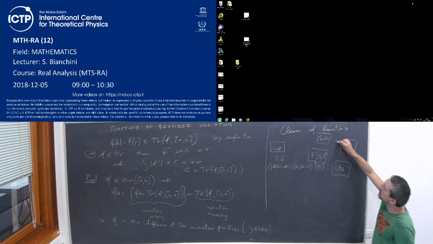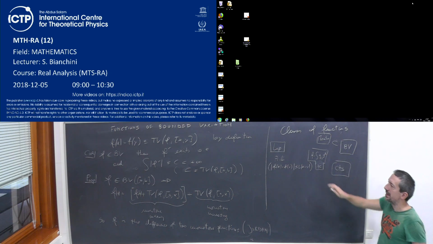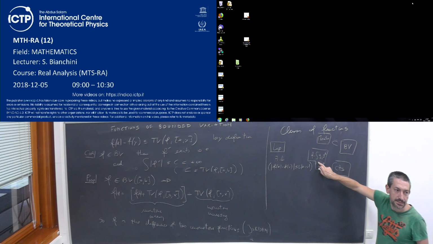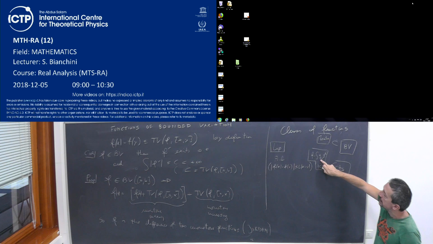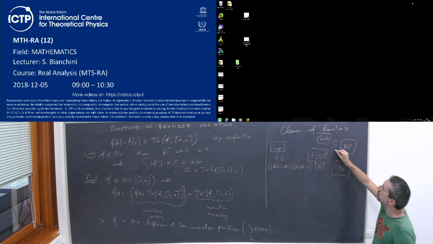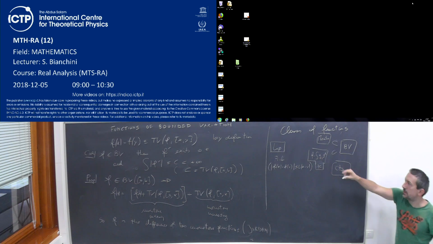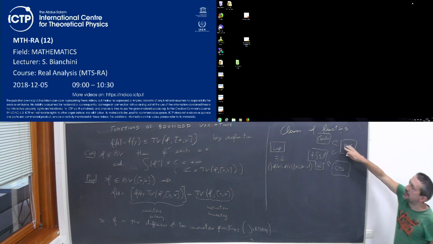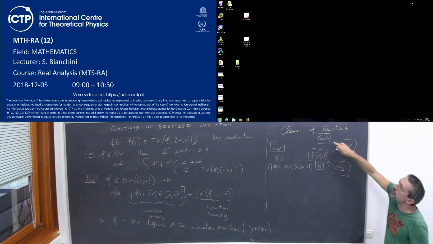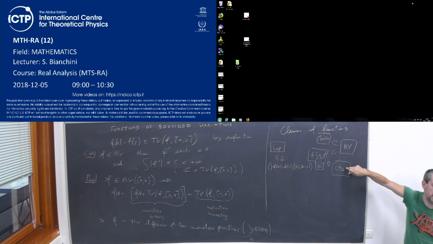The monotone is contained in BV, but is not contained here. If it is an integral, it is the difference of two monotones, so certainly this holds. But they have an intersection, and they don't need any inclusion.